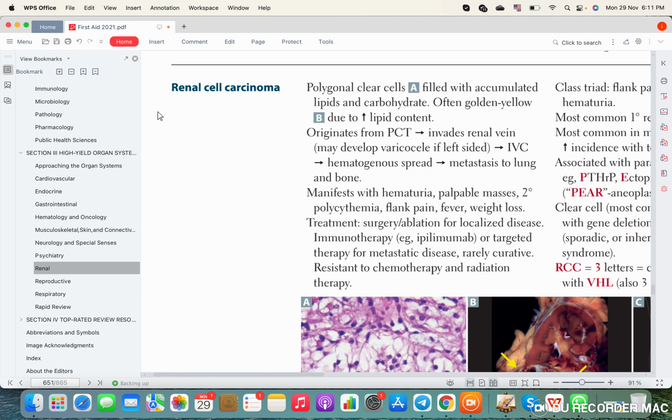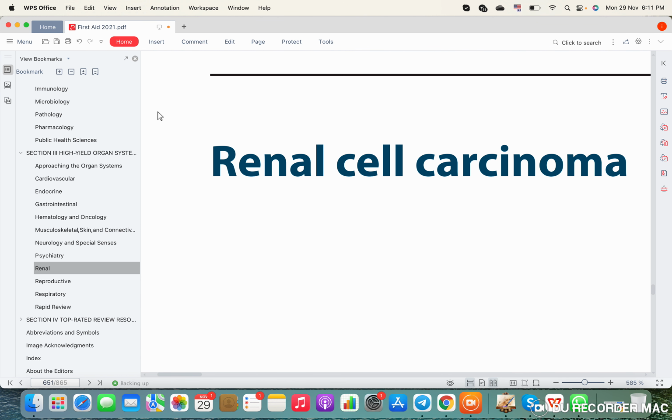So renal cell carcinoma. Let's start with the name. What does carcinoma mean? It's a cancer of what? If we say carcinoma, first of all, is it a cancer of epithelial cells or mesenchyme? Tell me, please. Is it epithelial cells or mesenchyme? Carcinoma.